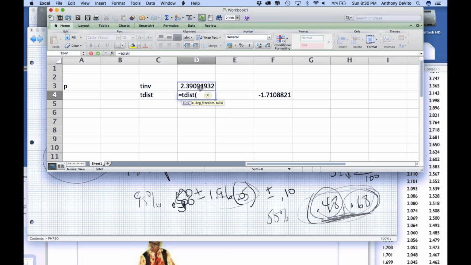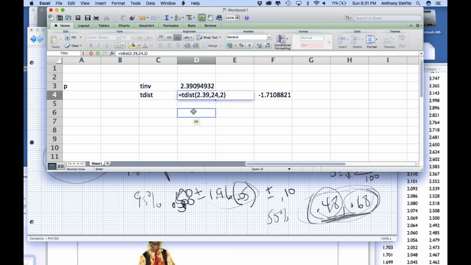T inverse, you have to give it the area in one tail. This one, you can tell it that it's a two-tailed analysis, which is usually what we're doing. So the x value is the t-score that you got, 2.39, comma, degrees of freedom, 24, comma, and number of tails, two tail.